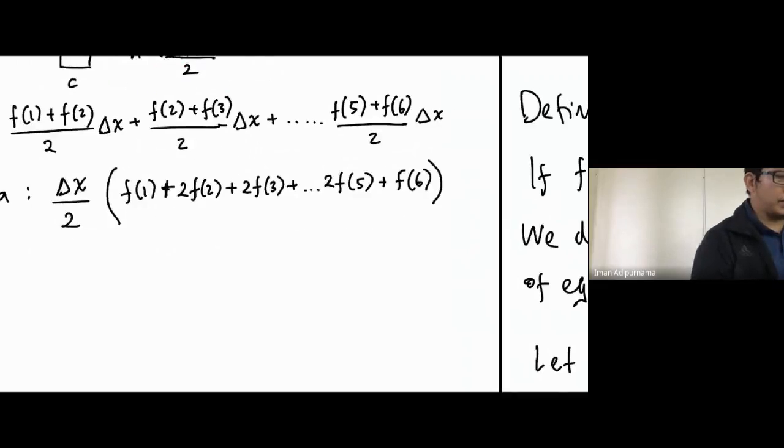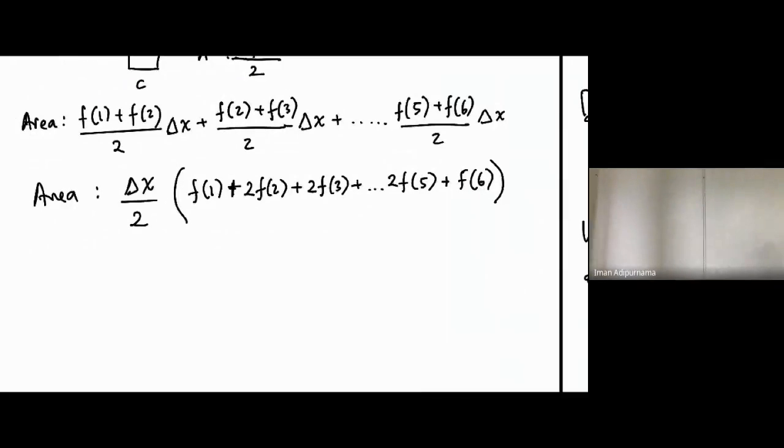And you get this pattern, okay? So the first term and the last term will have a constant 1, and the middle part will be 2, 2, 2, 2, okay?